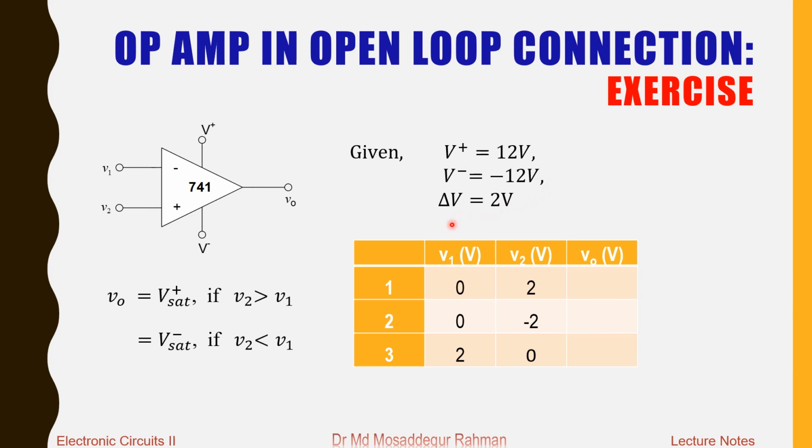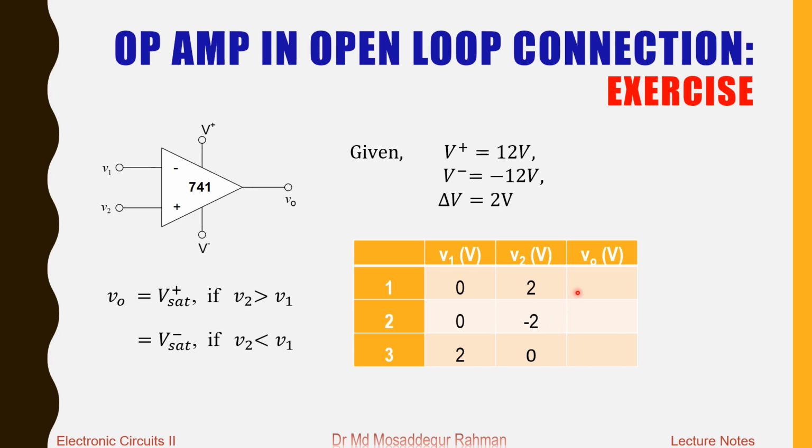The del V, the internal drop in the circuit, is 2 volt. Now we have different combinations of input voltages: V1 0, V2 2; V1 0, V2 minus 2; V2 2 and V1 2, V2 0. What will be the magnitude of the output voltage for these different input combinations?